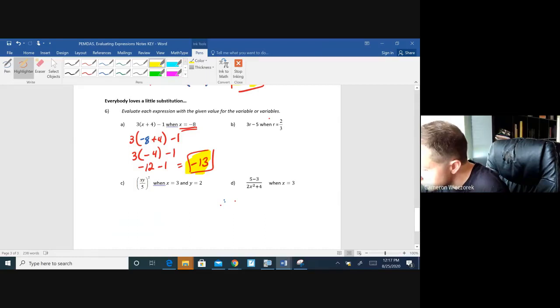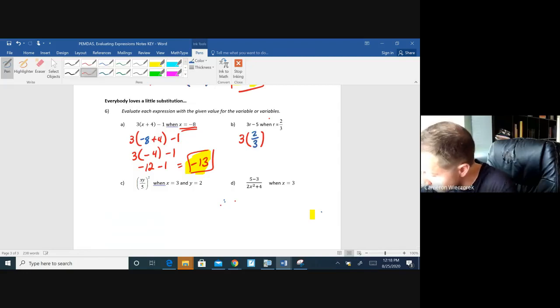In part B, you have evaluate 3r minus 5. So r is your variable in this one. And the value that r is taking on is 2/3. So here's the case where I'm going to substitute in for r by replacing with parentheses. I'm going to put in 2/3. And then everything else gets carried down like before.